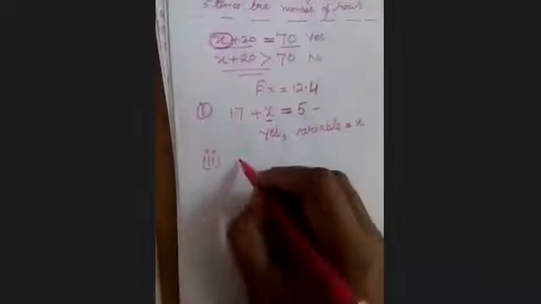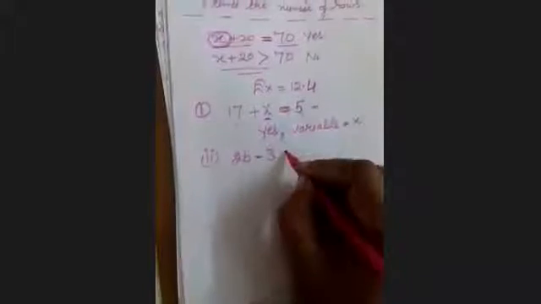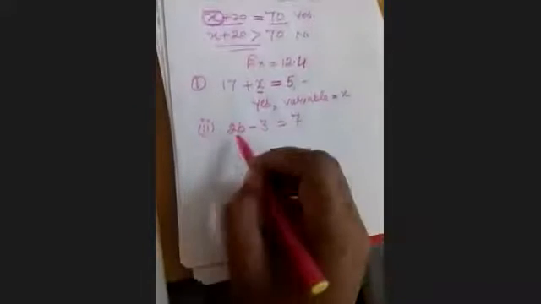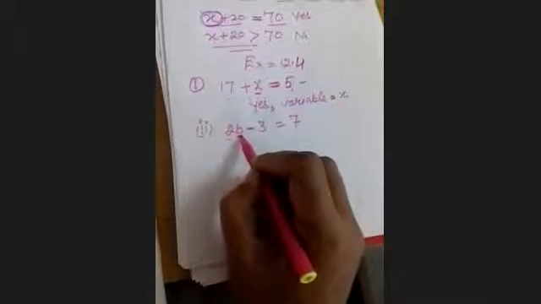2b minus 3 is equal to 7. Now this is an equation with variable b.